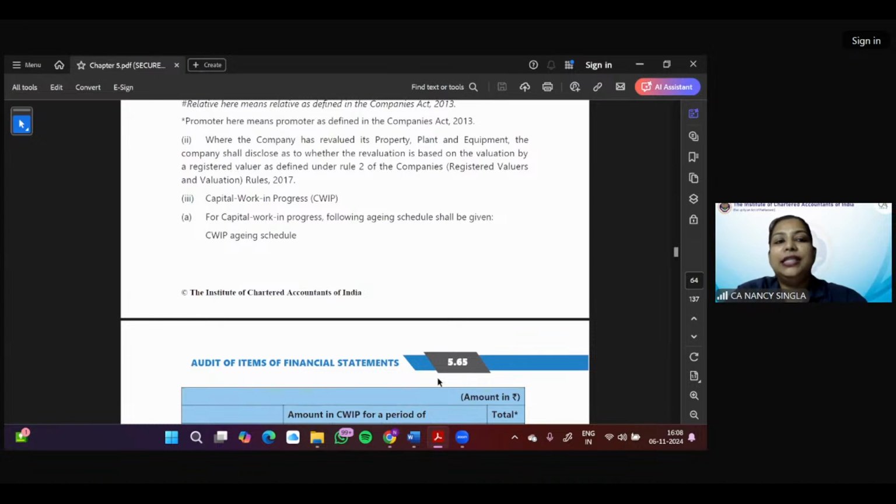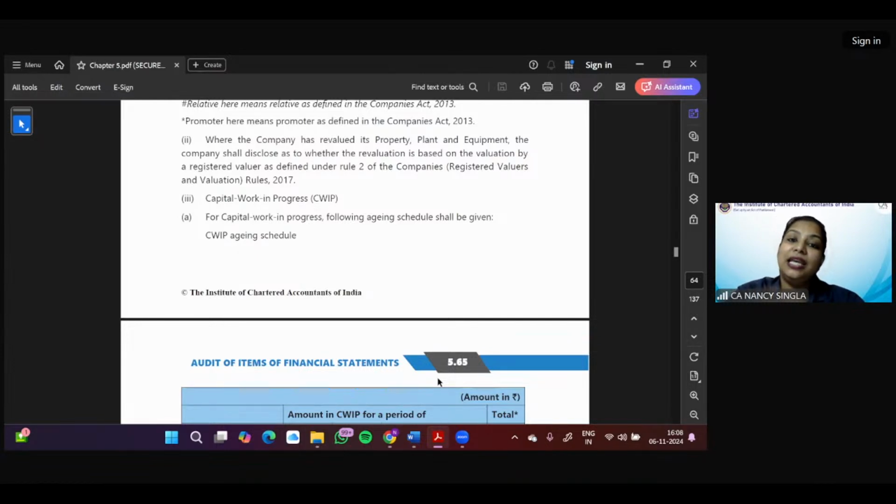The second point is where any PPE has been revalued during the year. The company is itself going to disclose whether such revaluation is based on the valuation by a registered valuer as required by Rule 2 of the Companies (Registered Valuers and Valuation) Rules 2017.